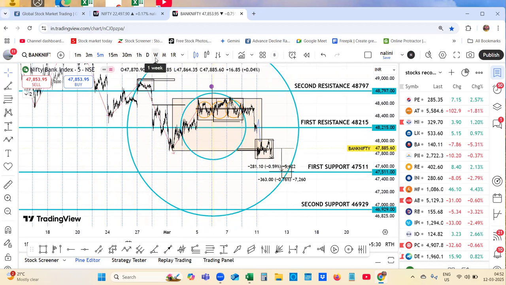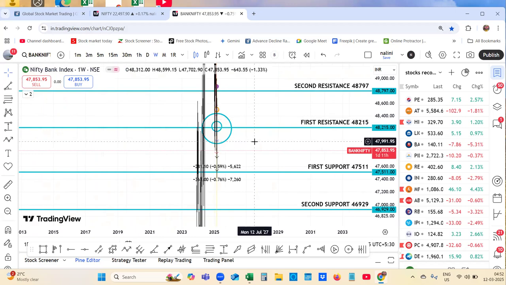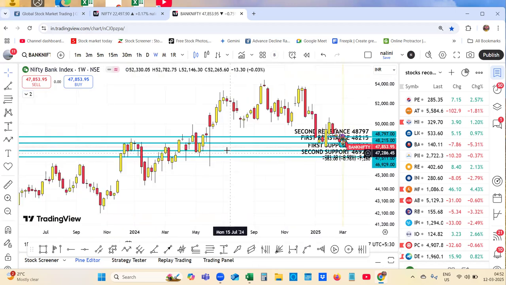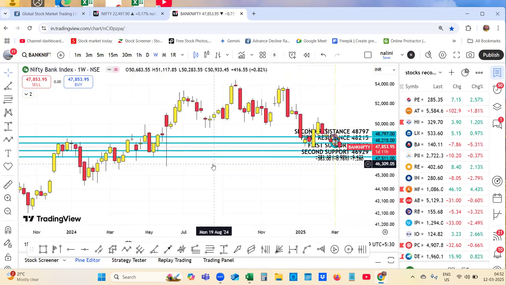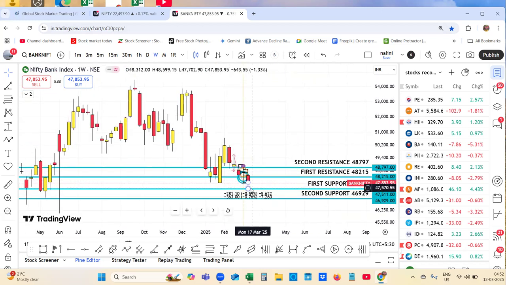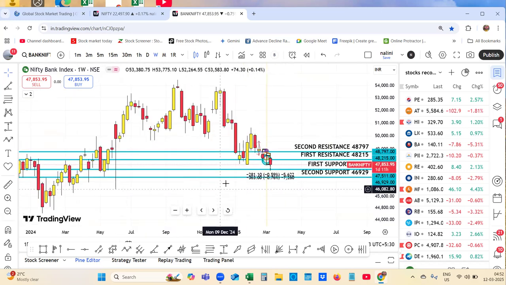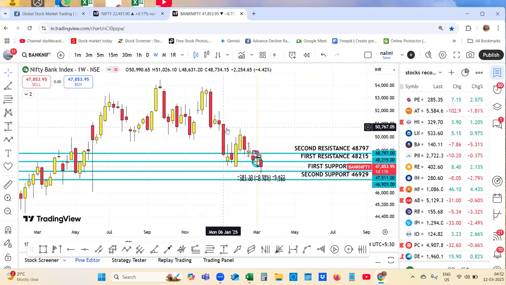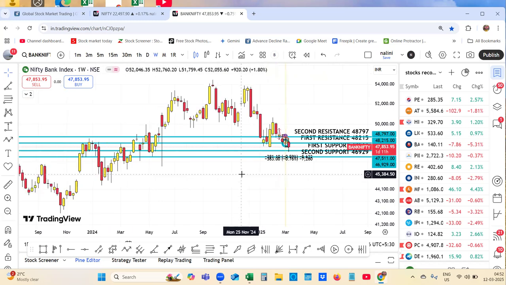So let me take you to the weekly chart and let us check the position of the Bank Nifty. This is the June 4th level and it is approaching that level. Most probably it can come down to 46,904 in the coming days. The correction has not completed.